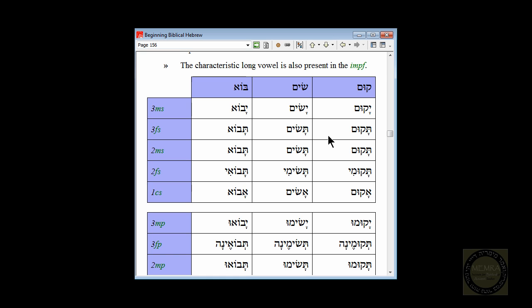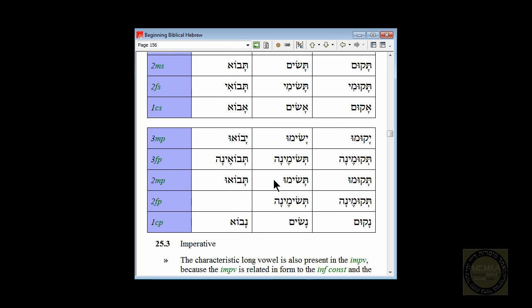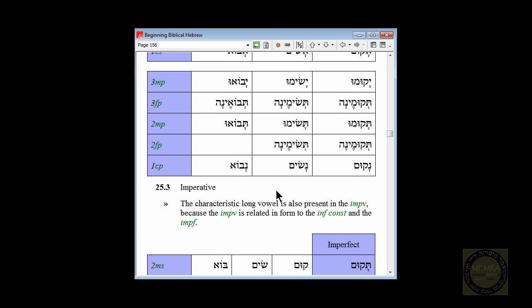So you're going to have in these hollows typically your prefix with an A-class vowel, in this case it's a qamets, and then it will retain the lemma vowel. So yaqum, yasim, yabo. Okay, so that's really all the note there. Again, it's going to retain the long vowel in the imperfect. So that's actually pretty easy.